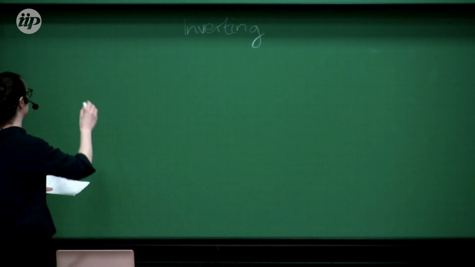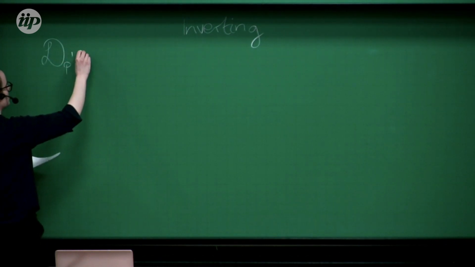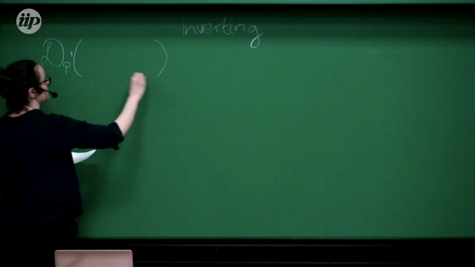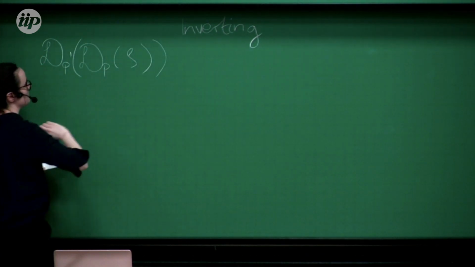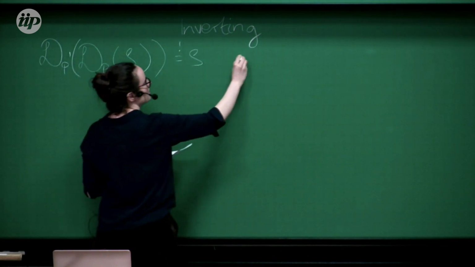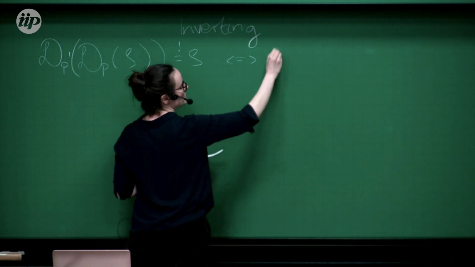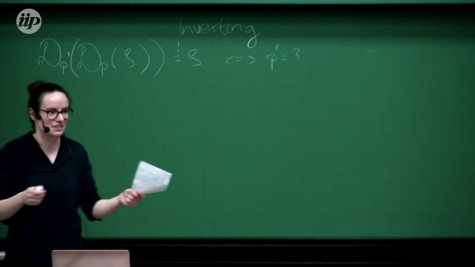Good. So I want my D_p' to act on this thing here. And I want this to be rho. And now for which p is this, for which p prime is this the case, right? And we just write it out.